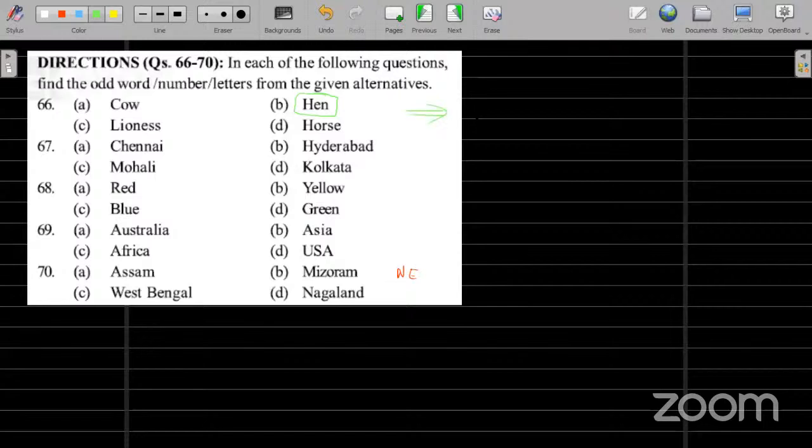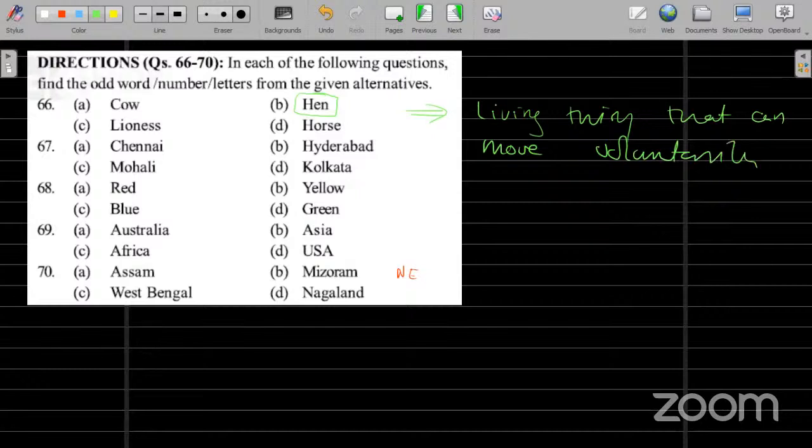Animal means any living thing that can move voluntarily. So insects are animals, birds are animals, snakes are animals, and normally human beings are animals.